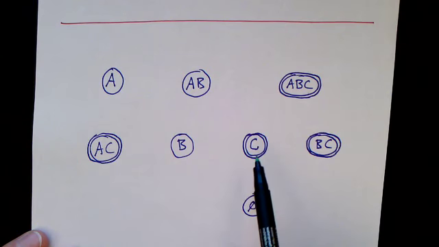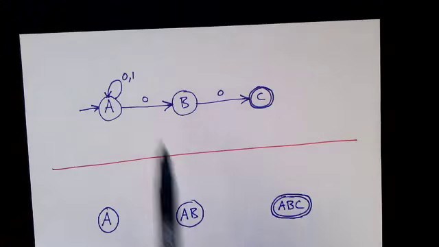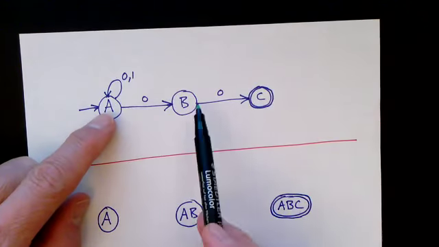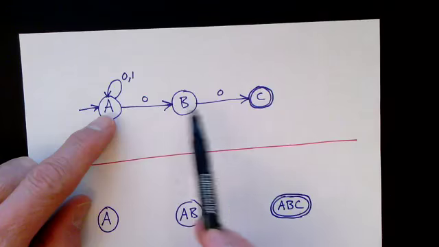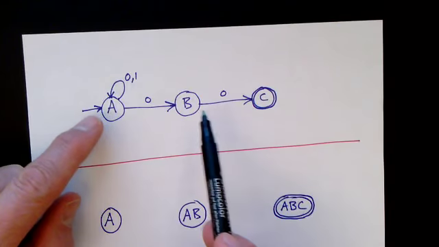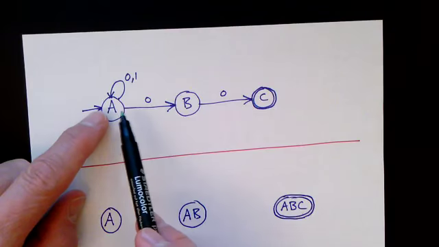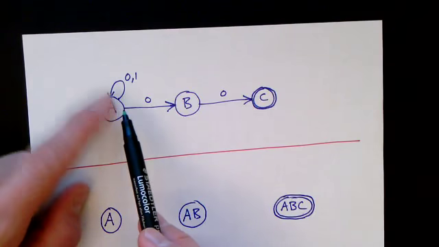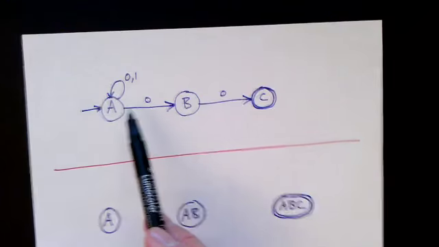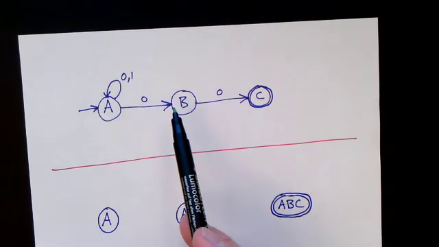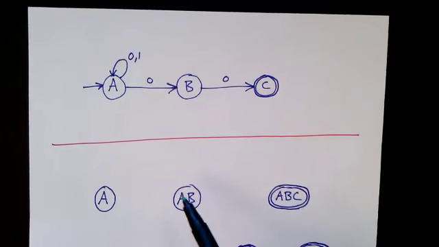As we're executing this non-deterministic machine, we can be in multiple states at once. So, for example, on getting the first 0, we could stay in state A, or we could move to state B as well. And so we're in state AB.